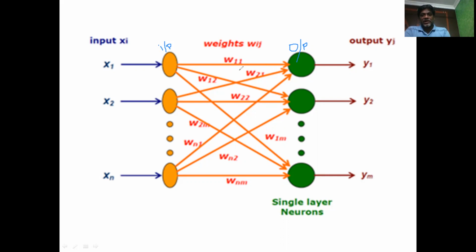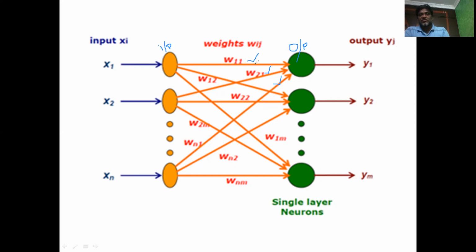So how do you calculate the actual value of this neuron? Because it is connected with x1 through w11, it is calculated as x1 into w11 plus x2 into w21. Watch the connections we have. Plus this one, from where is it coming? From xn into wn1.